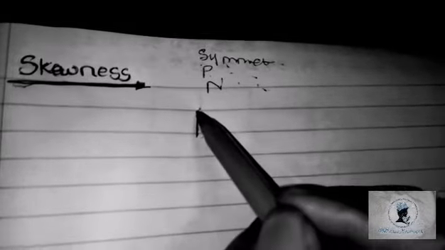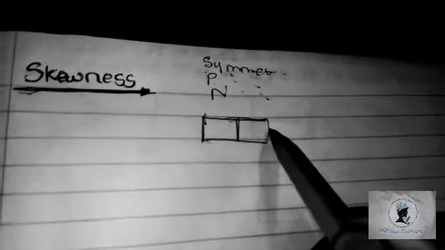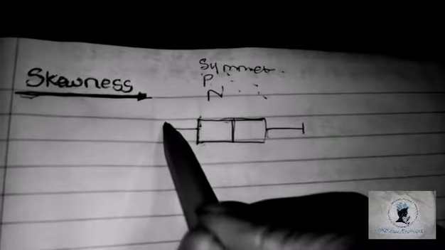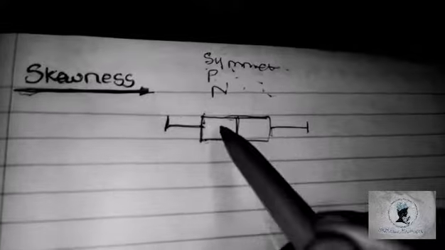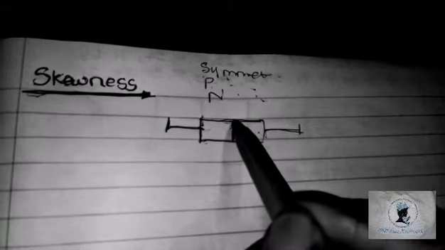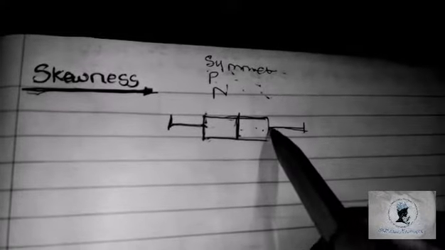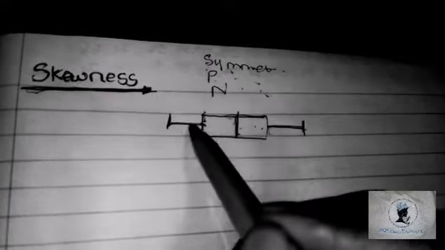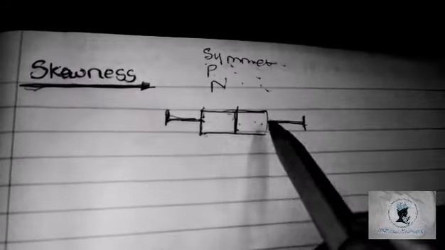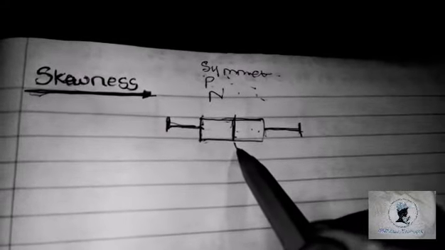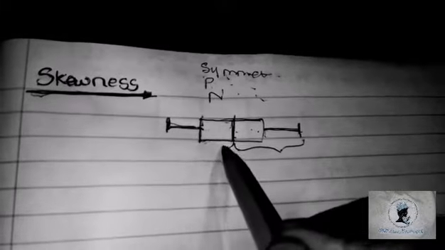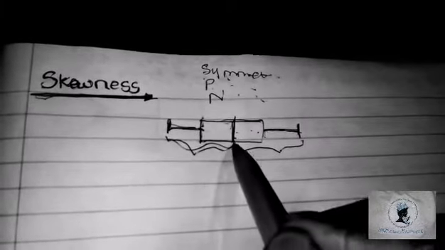So for us to say that our data is symmetrical, we mean that our box and our whiskers are symmetrical. Meaning the median cuts our box into two equal parts, and the whiskers are equal. So this side equals this side, the distances are equal.